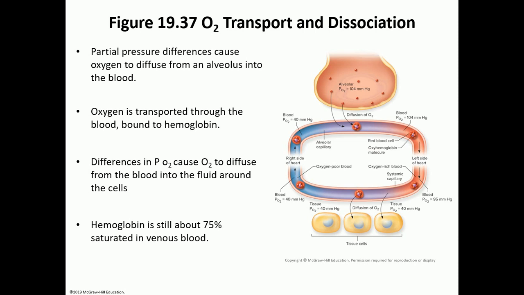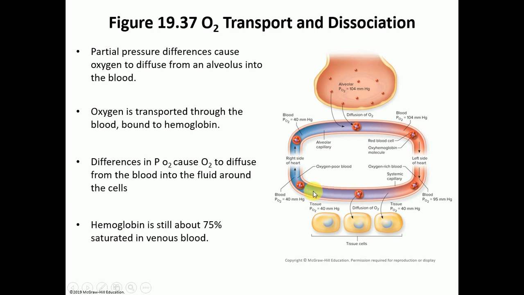Again, the partial pressures play a role here. This right here represents your alveolus, and this down here represents the tissue cells. As the oxygenated blood reaches your tissue, the difference in partial pressures of oxygen and carbon dioxide favors diffusion of oxygen into the tissue and diffusion of carbon dioxide from the tissue to the red blood cell.